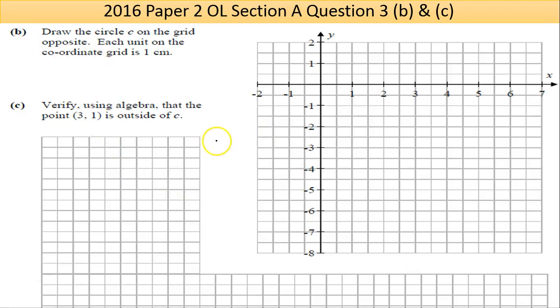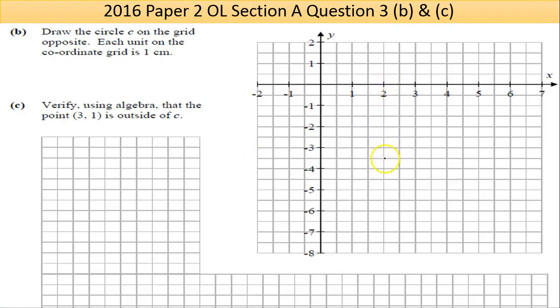Now again, pause it now. Just give this your best shot, okay? So assume you're back. Draw the circle C on the grid opposite. So it's an XY diagram, labeled. Each unit on the coordinate grid is 1 centimeter. I'm assuming they're telling us that for something to do with later on, an actual measurement or finding the area or something to that effect. But our center h, k was (2, -3).